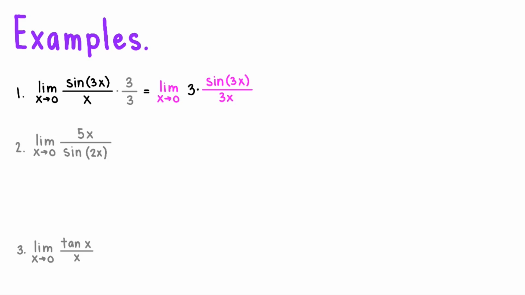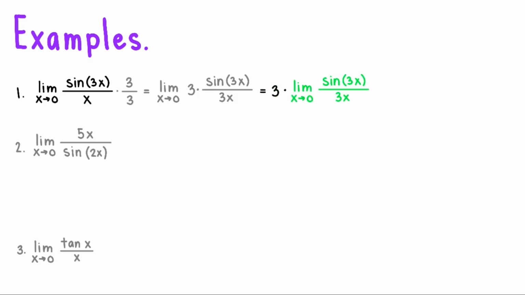First, take note that we can factor out the constant 3 out of the limit. So moving this out of the limit, we'll obtain 3 times the limit as x approaches 0 of sine of 3x over 3x.